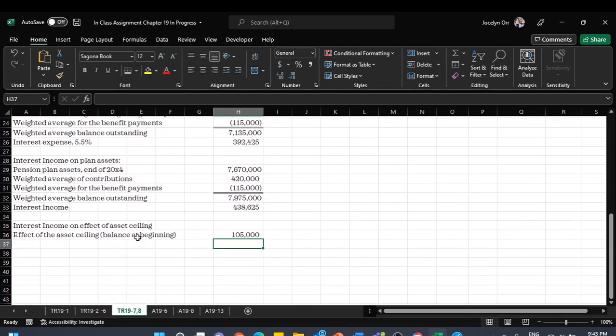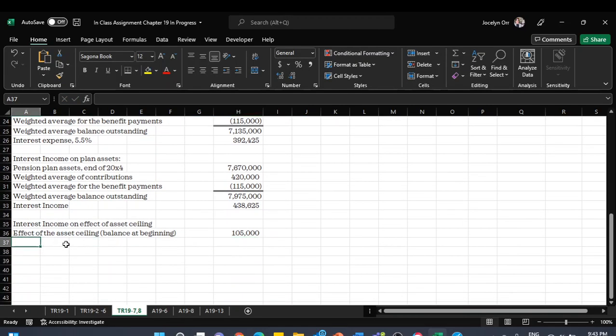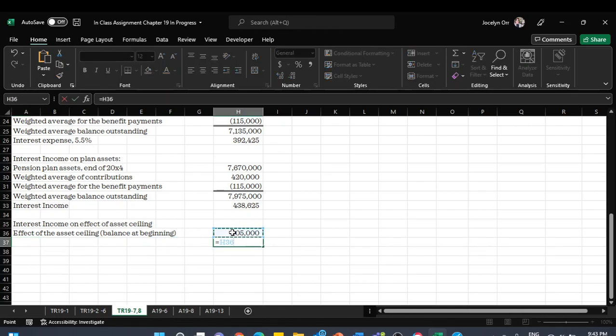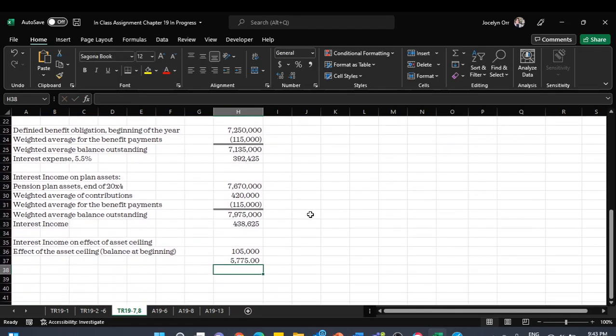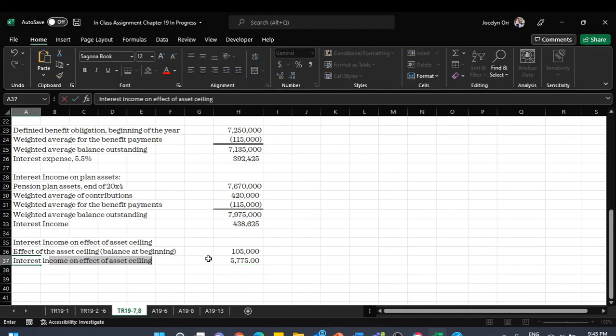So grab that. Then we are going to multiply that by our yield rate of 5.5%, using the same interest rate the whole way along. So that is going to be the interest income on effect of asset ceiling.